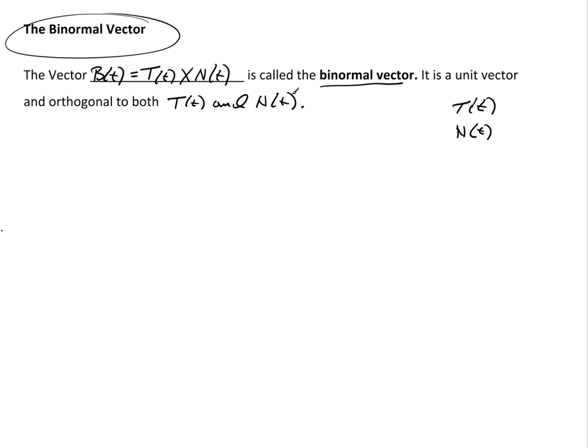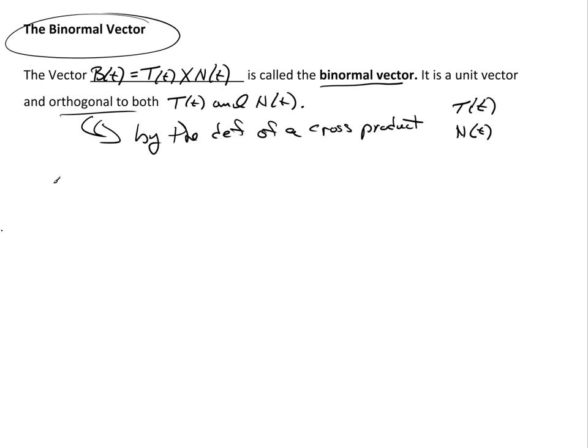Now, this is given simply by the fact that this is a cross product. So orthogonal to both, say by the definition of a cross product. Remember the idea of torque when we introduced the idea of the cross product?